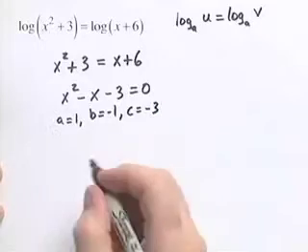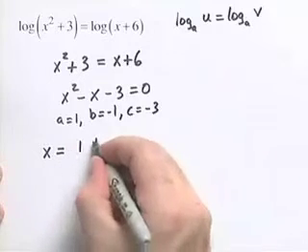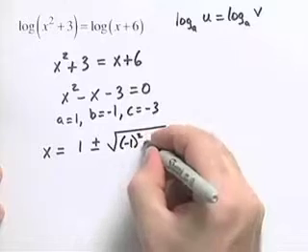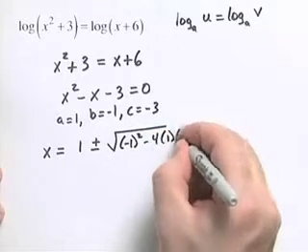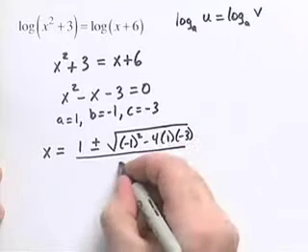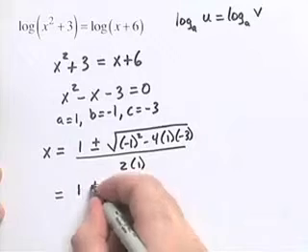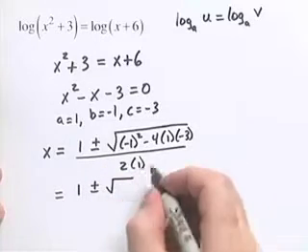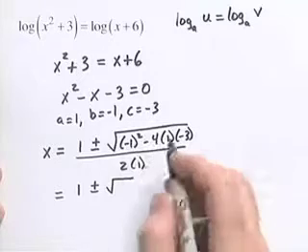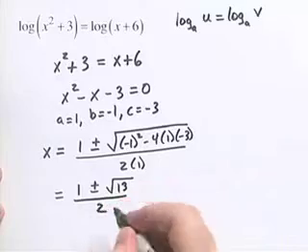If we plug these values into the quadratic formula, we get x is equal to 1 plus or minus the square root of -1 squared minus 4 times 1 times -3, all divided by 2 times 1. If we evaluate this inside, we'll have 1 plus 12, which is 13, and then the denominator will be 2.